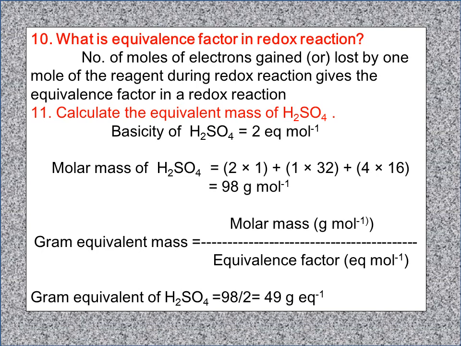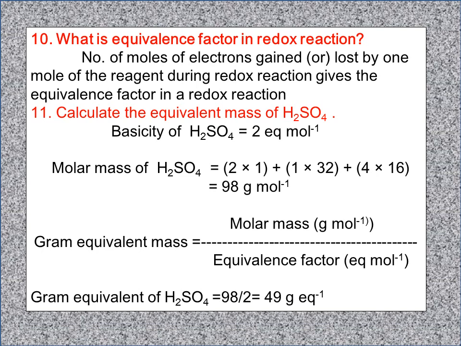Oxidation involves loss of electrons and reduction involves gain of electrons. So, the equivalence factor in a redox reaction is nothing but the number of moles of electrons gained or lost by 1 mole of reagent. Let us calculate the equivalent mass of an acid, a base and a reactant which can undergo oxidation or reduction.